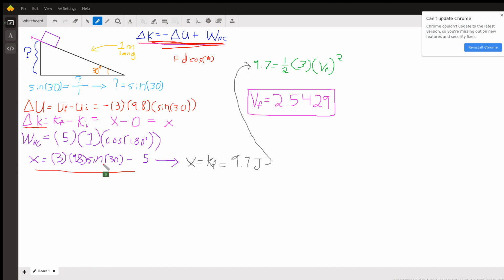So X equals that value minus work done by non-conservative forces. And the reason it's minus is because of this cosine 180 makes it negative.